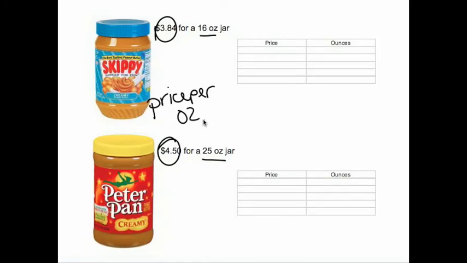So let's start off with Skippy. For 16 ounces, it's $3.84. Now I'm going to go ahead and divide by 2. That brings my ounces down to 8. And if I divide this by 2, that's going to bring my cost to $1.92.